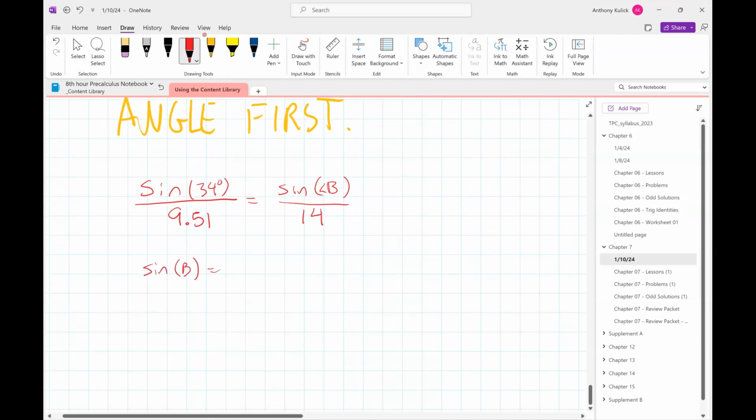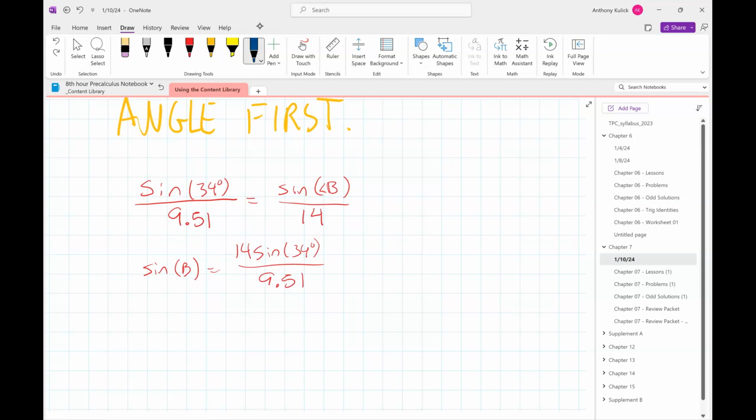That gives me sine B equals 14 sine 34 over 9.51. But how do I get that sine out of there, right? Instead of sine B, I want just angle B. What's going to cancel out that sine in the front?